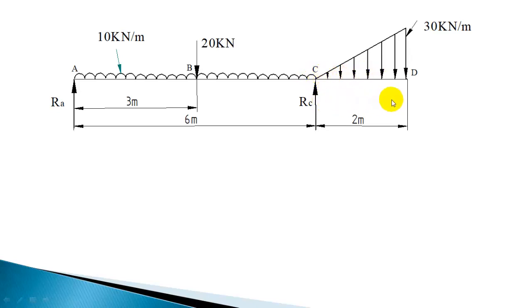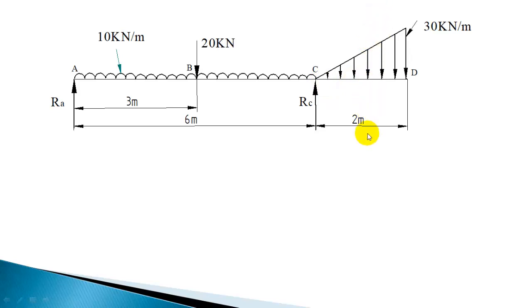That is 2/3 of 2 meter, that is 1.333. So you can take 30 into the distance from the moment center, which will be 6 plus 1.333, or 7.333.